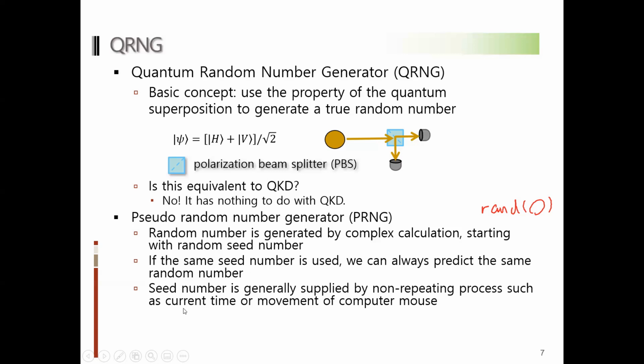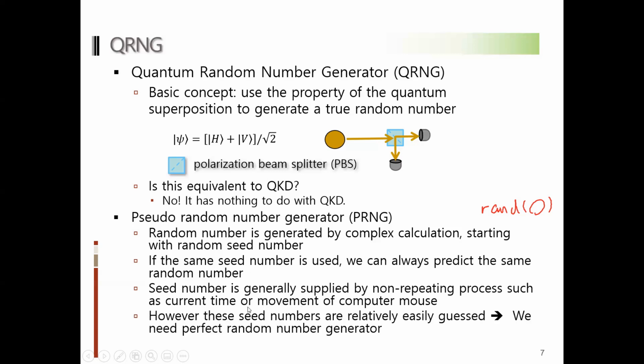However, these methods are unfortunately not completely random, because somehow you can guess when the function will be called, or the movement of the mouse cannot be completely random because it is limited to some kind of area. If you can guess how this movement will look, then these numbers can be easily guessed.